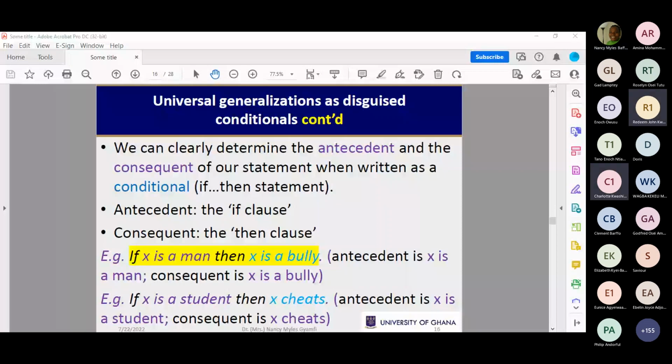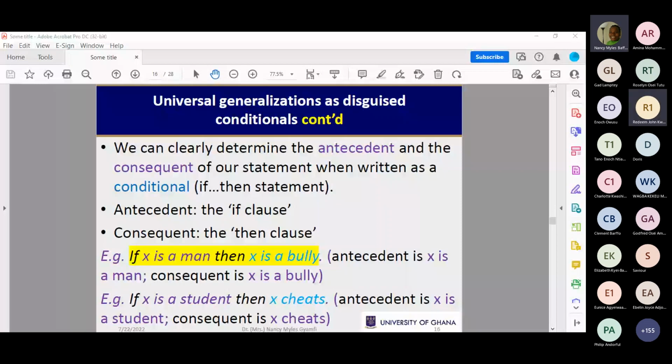What will it be? If Kofi is a human being, then Kofi will not die. Very good.